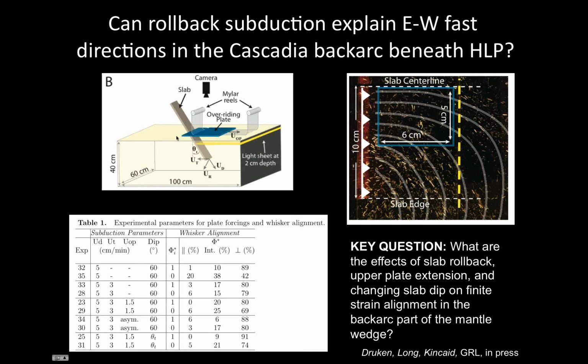So this is just a schematic diagram of that lab setup. You saw a picture of it a couple slides ago. The way we look at these whiskers is there's actually a light sheet that is illuminating basically a horizontal plane at a depth that corresponds to about 200 kilometers in the mantle, and then we're looking at the horizontal alignment of these paintbrush whiskers in the fluid.